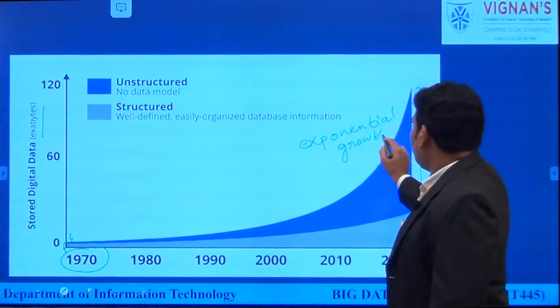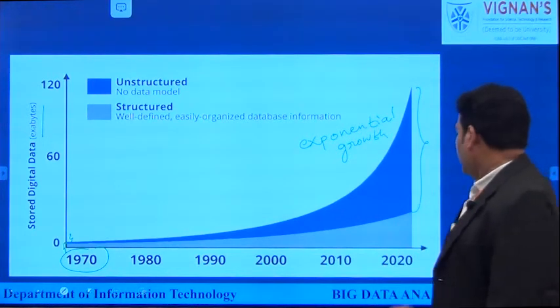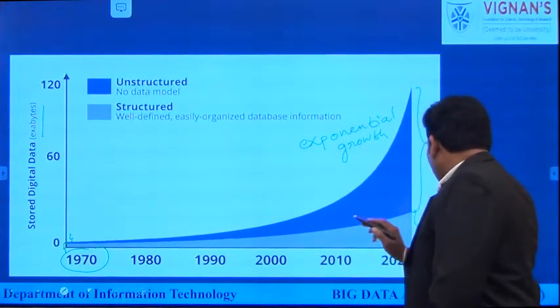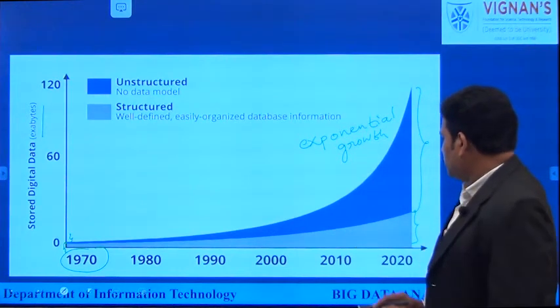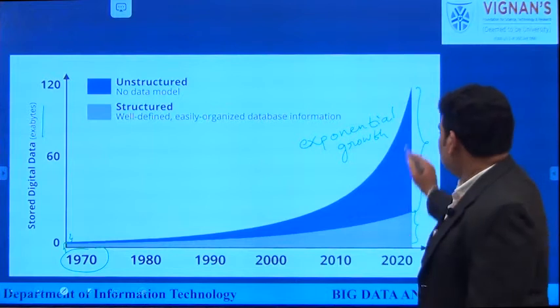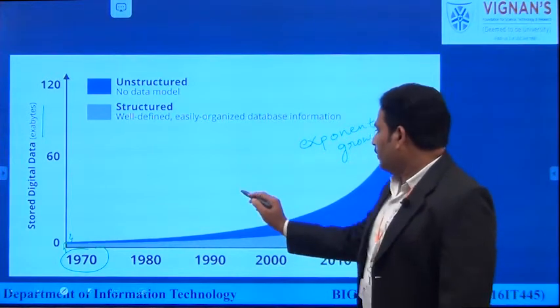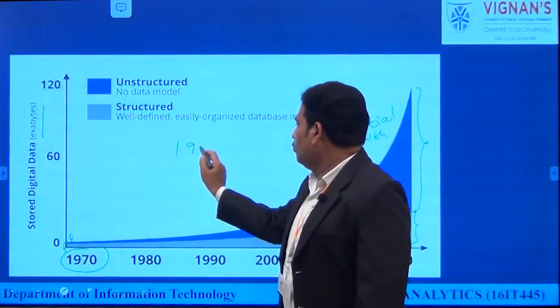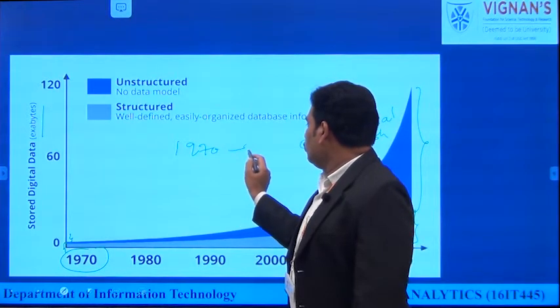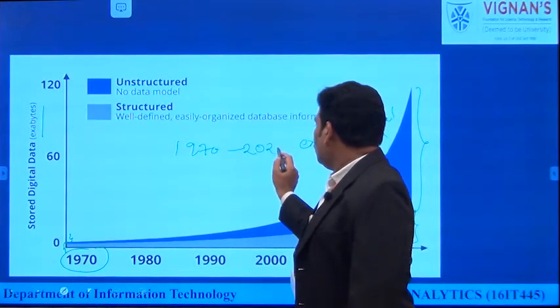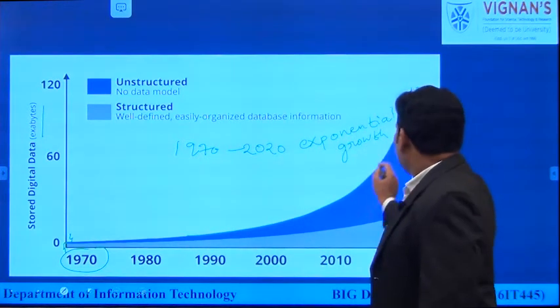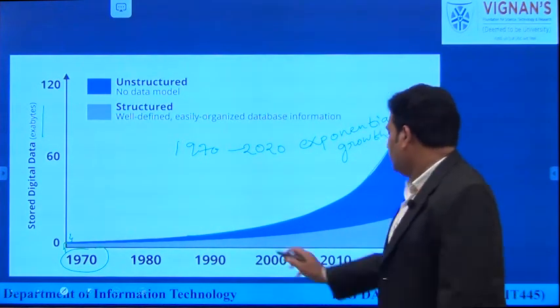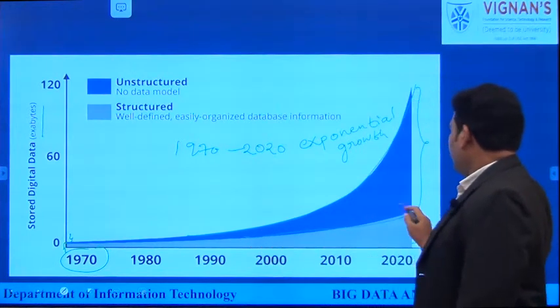Whereas if we compare the structured data, it has also increased but not in an exponential manner. That means from 1970 to 2020, there is a huge increase in the unstructured data compared to structured data.